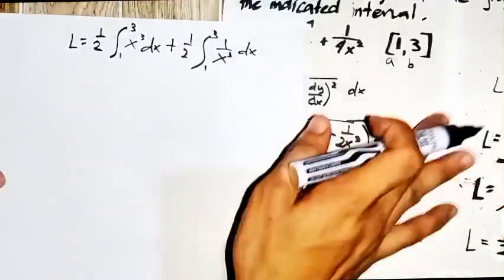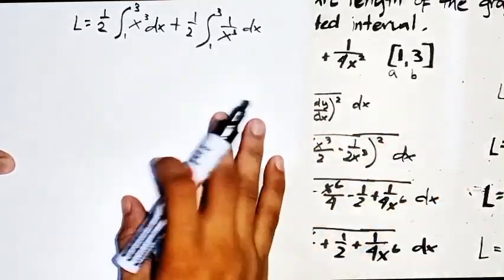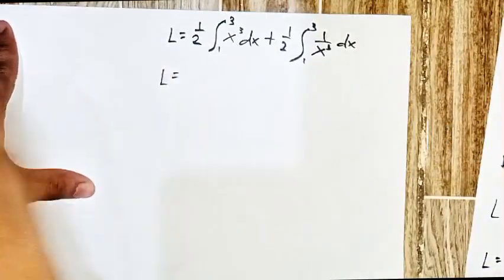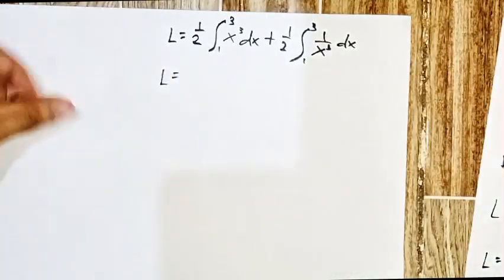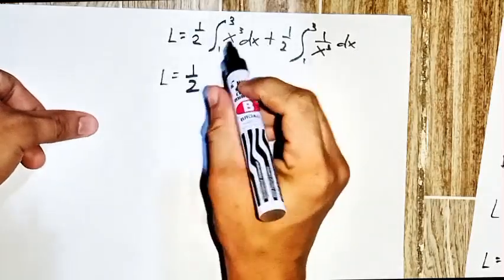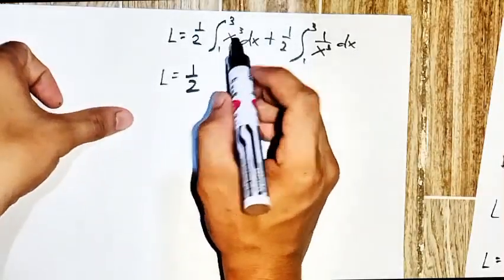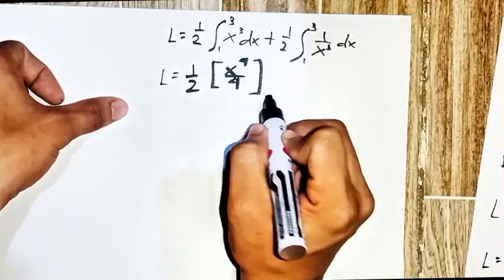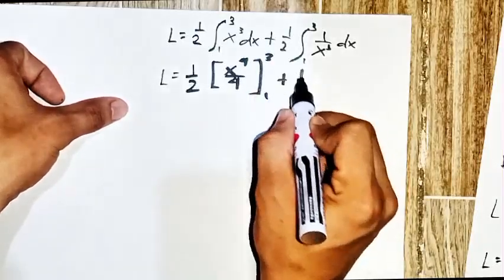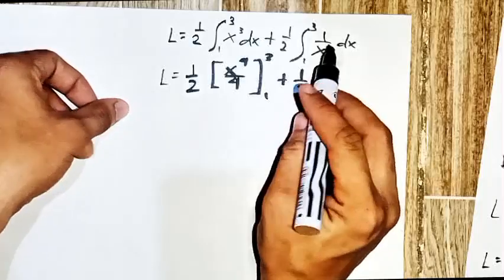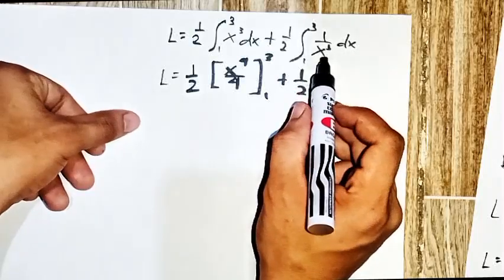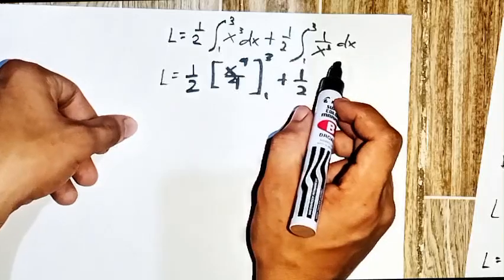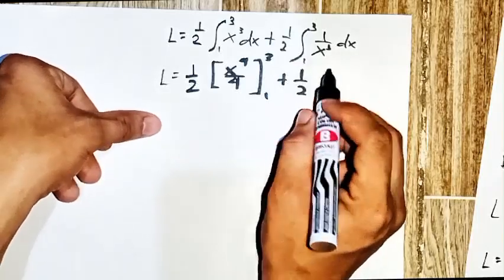Now let's focus here. So let's continue this one. Let's integrate 1 half integral of x cubed. We have x to the fourth over 4, from 1 to 3, plus 1 half integral of 1 over x cubed. 1 over x cubed is the same as x to the power of negative 3, right? So negative 3 plus 1, we have negative 2.